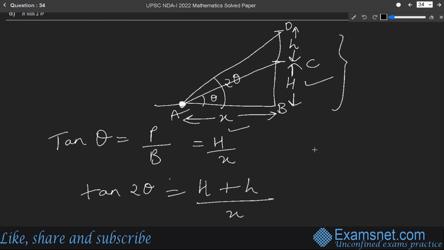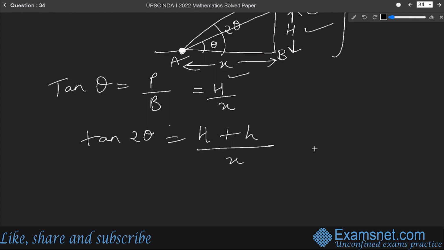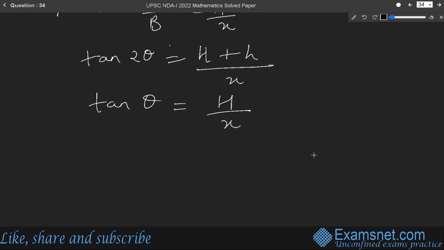Now you can see that in both the terms the denominator has x. So from the first term we write tan theta is equal to h upon x, and from here we will find the value of x, which will be h upon tan theta.